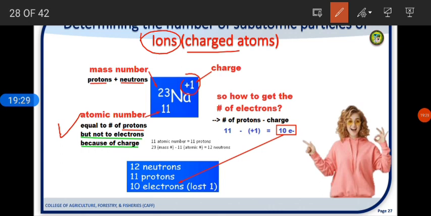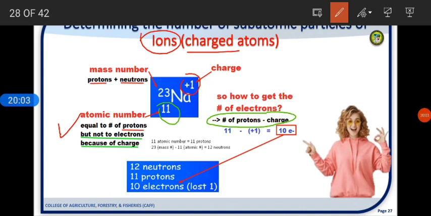So, how are you going to get the number of electrons? You have to use this formula right here: number of protons minus charge. So, get the number of protons and minus the charge. In this example, you have 11 as the atomic number, therefore your protons is also 11, and you are given the charge, which is +1.